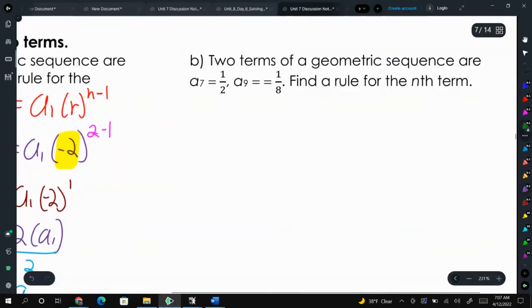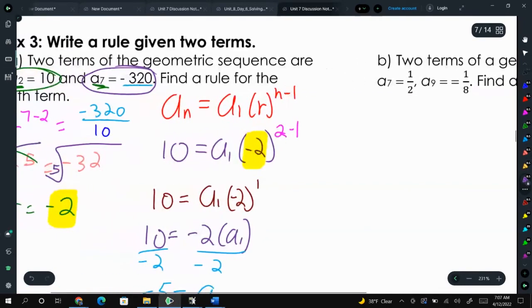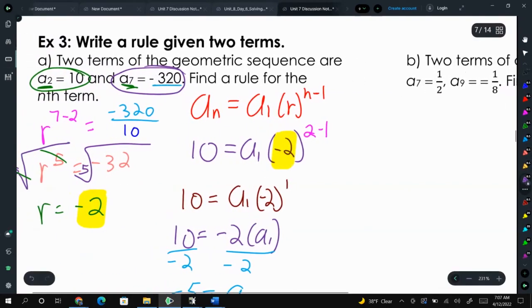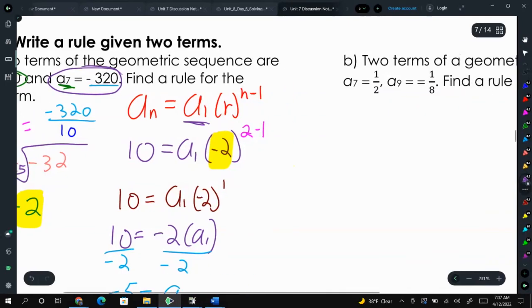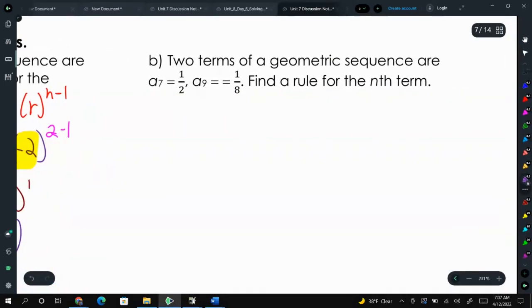Now this one, again, is going to be even more complicated, because the one on the left had a sub 2, which is only the next value after a sub 1, and that's what we needed. This one doesn't have a sub 2 or a sub 1, but the process is going to be exactly the same. The difference between 9 and 7 is 2, so r squared equals 1/8 over 1/2.